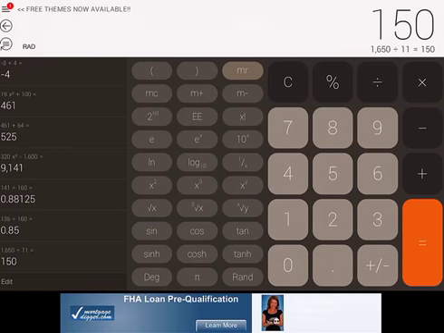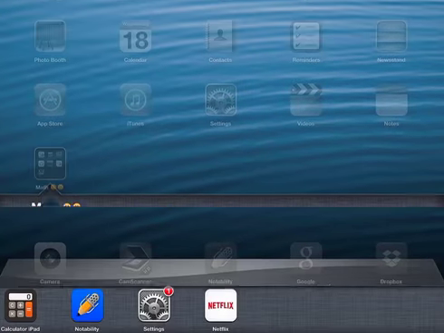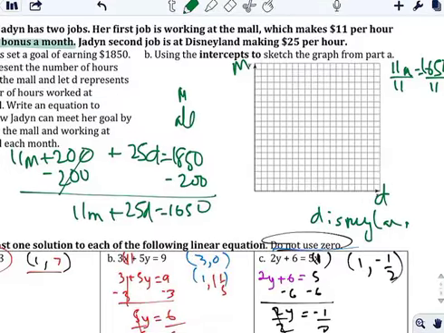Okay, that's 150 hours. So M equals 150, she has to work at the mall for 150 hours. And then the other one is 25D equals 1650.